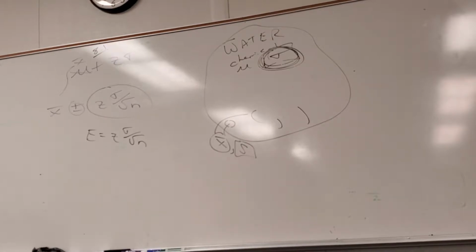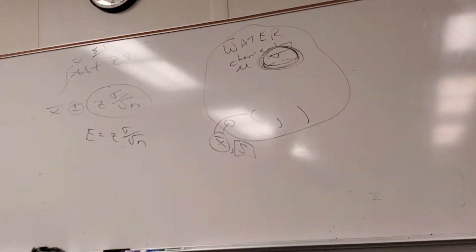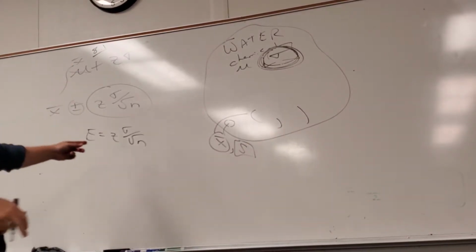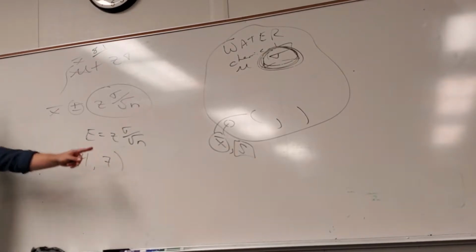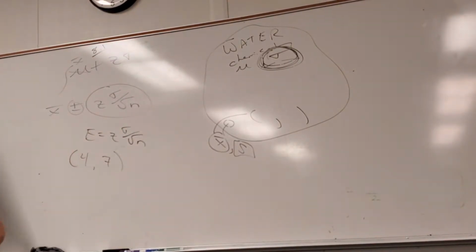If I said I want you to be within 10 miles of how far away Washington, D.C. is, right? Oh, because 10 miles either way. So if I make an interval and it's 4 to 7, yeah, it's 3 wide, but what's the error? 1.5. That's how far away either end is from the middle. That's how far I'm off by, right?